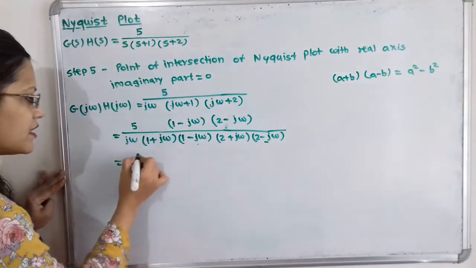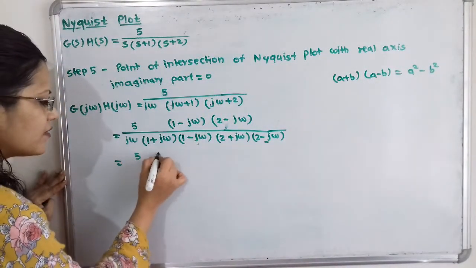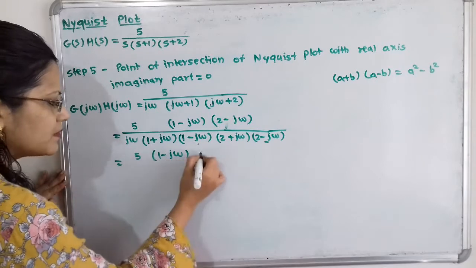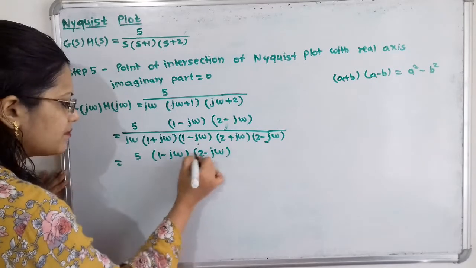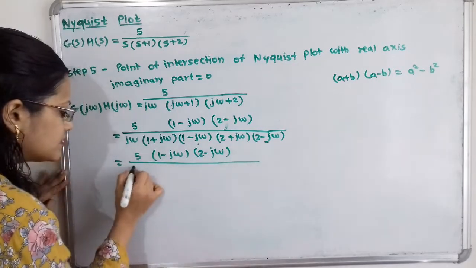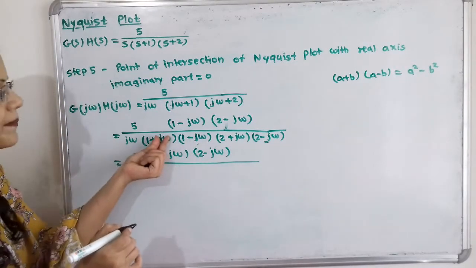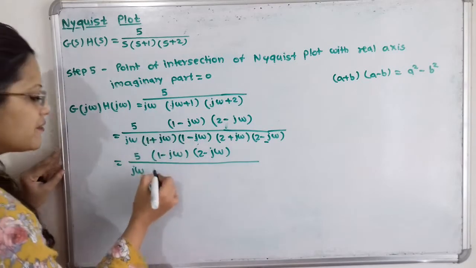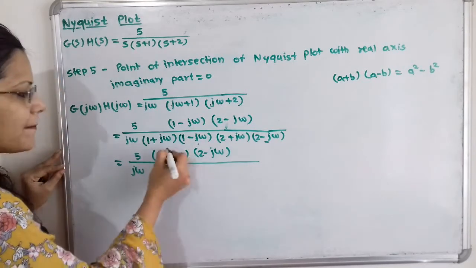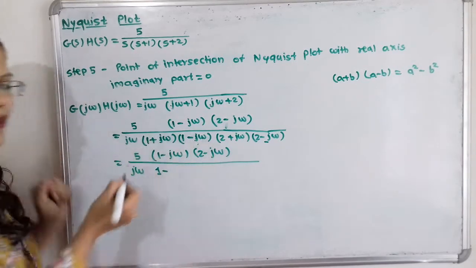So I will write here 5 (1 minus j omega)(2 minus j omega) divided by j omega. Now a square minus b square: a is 1, b is j omega. So a square, that is 1, minus b square, that is j square omega square.